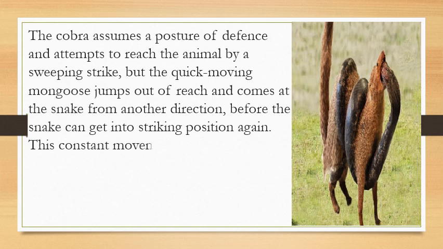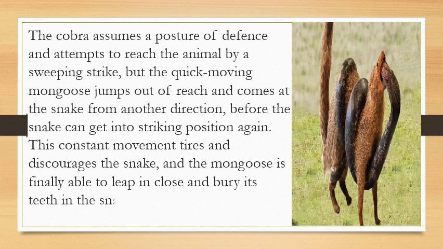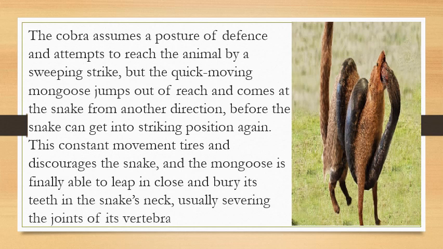This constant movement tires and discourages the snake, and the mongoose is finally able to leap in close and bury its teeth in the snake's neck, usually severing the joints of its vertebrae. Vertebrae means spinal column.